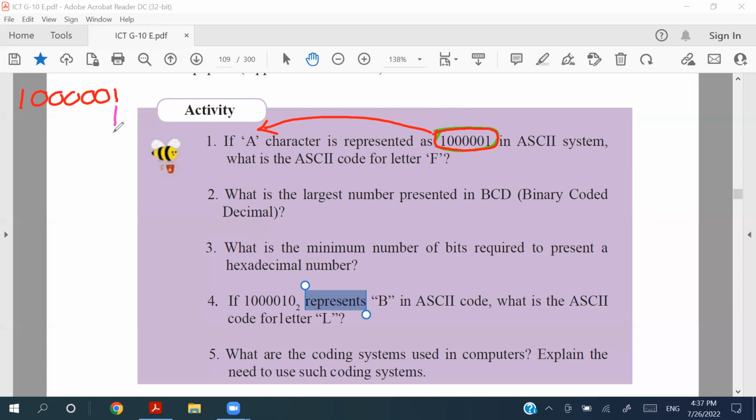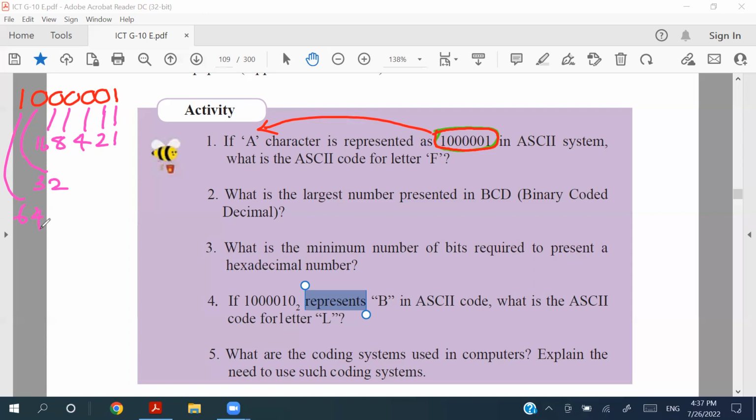It has 1, 2, 4, 8, 16, so this is going to be 32 and this is going to be 64.